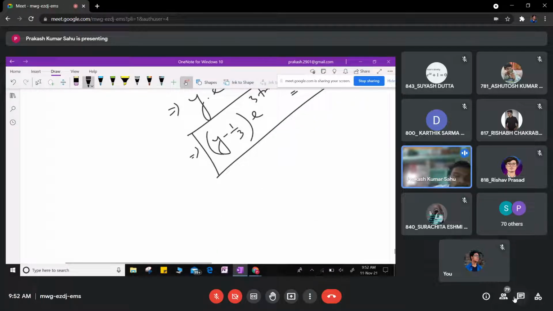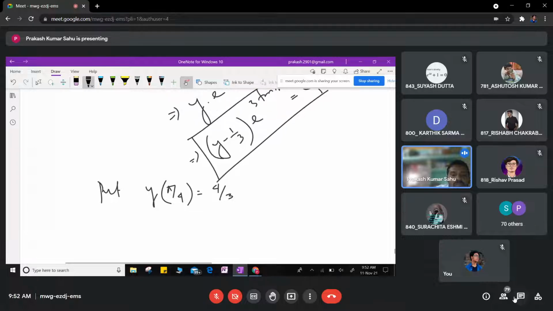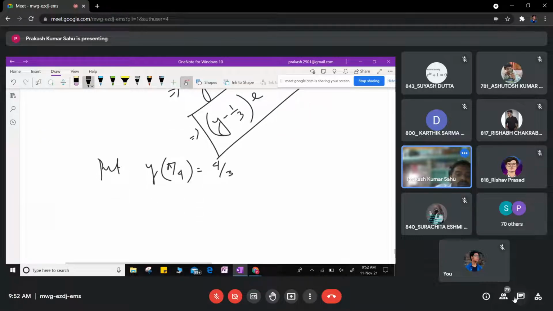So an initial condition is given. That initial condition क्या है? The initial condition y of pi by 4 is equal to 4 by 3. Okay. So you put x is equal to pi by 4, y is equal to 4 by 3. So this is 4 by 3 minus 1 by 3, into e to the power 3 tan pi by 4 is equal to c.